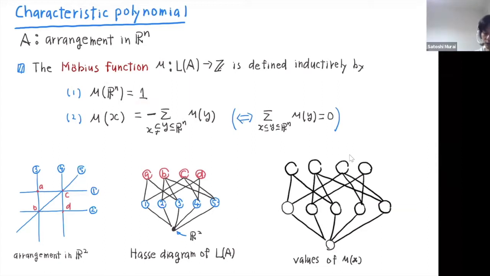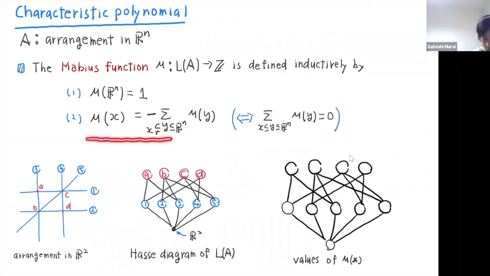And then we define the Möbius function of an affine space X as minus 1 times the sum of the Möbius function of the elements Y, which are between X and R^n. So actually, Y properly contains X and is a subset of R^n.